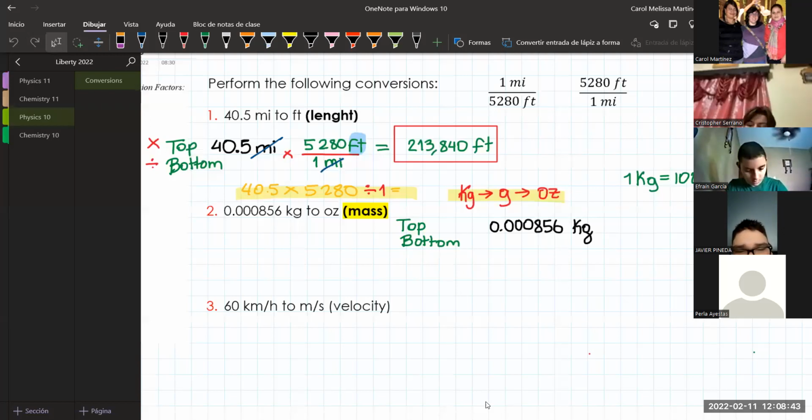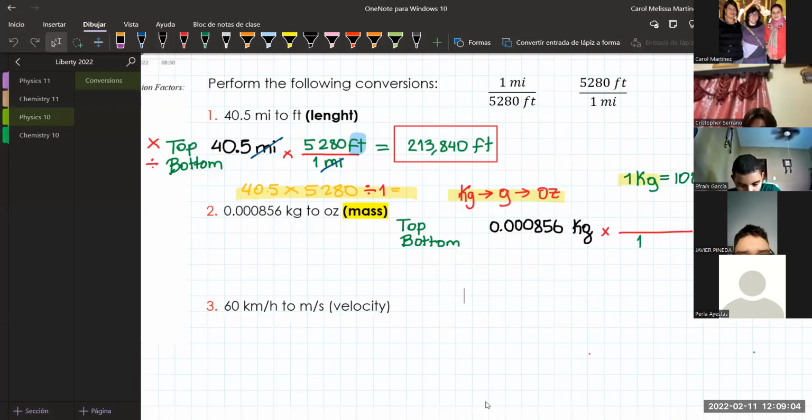Now, here, how am I going to express this conversion factor? Where am I going to write the kilograms, up or down? Down. Down because you need to cancel. Okay, the part of kilograms is going to be written down because I need to cancel.